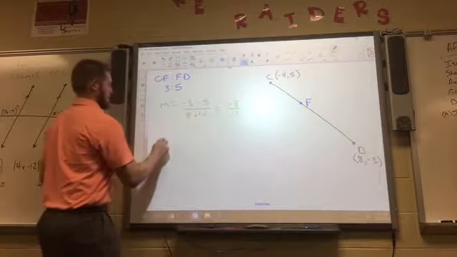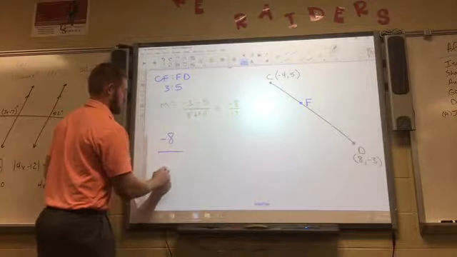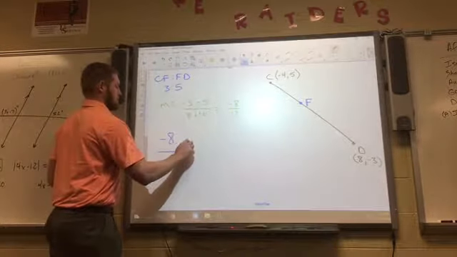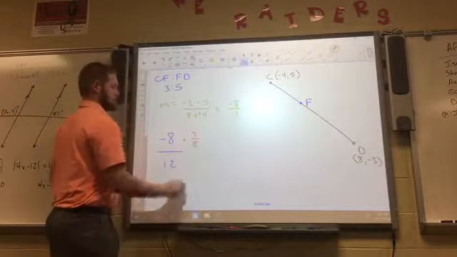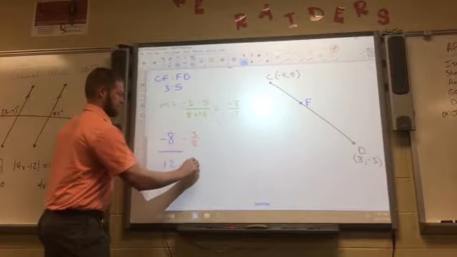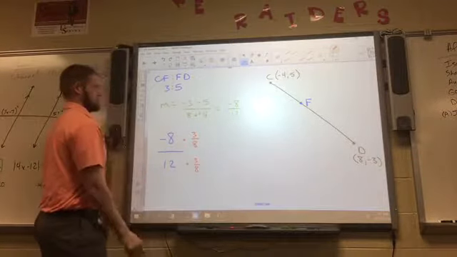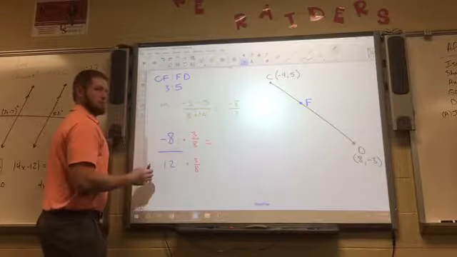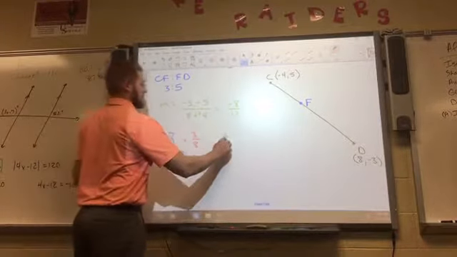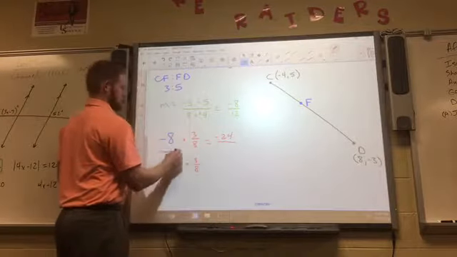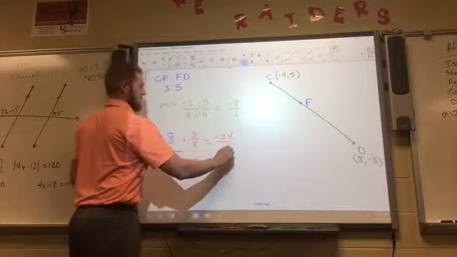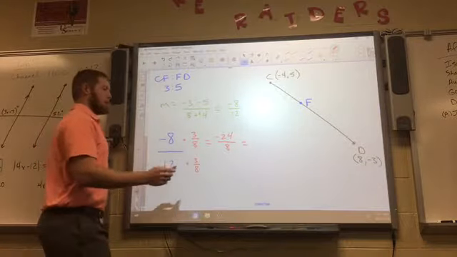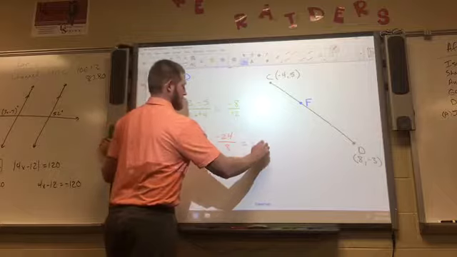So I'm going to take my negative 8 over 12, and I'm going to multiply the top, just like you guys said, times 3/8, and the bottom times 3/8. So negative 8 times 3 is negative 24. 1 times 8 is 8. What does that reduce to? Negative 3.